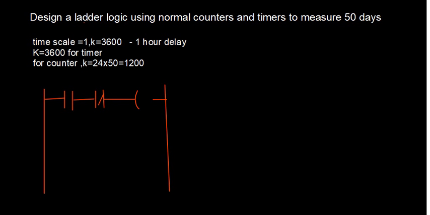Then you may have one more. I will first draw the counter here. So this is reset, this is the counter, and this is output. This will be like this, and this is for resetting the counter.